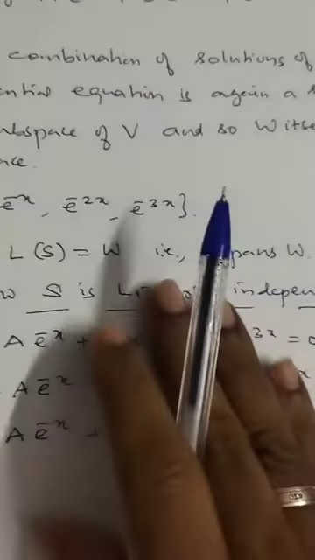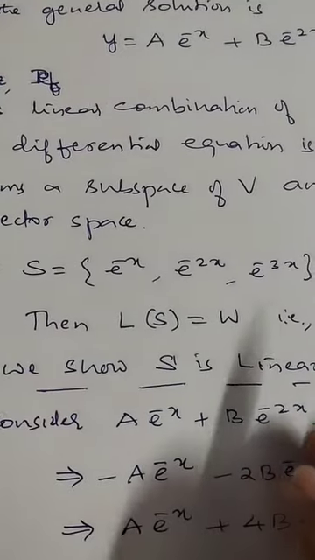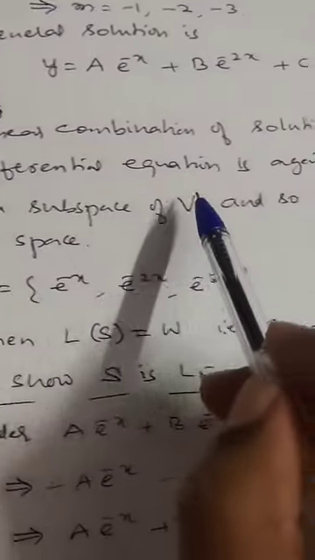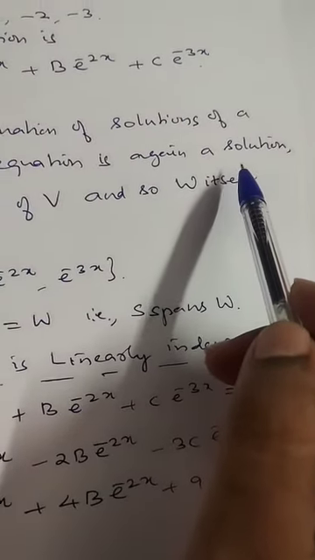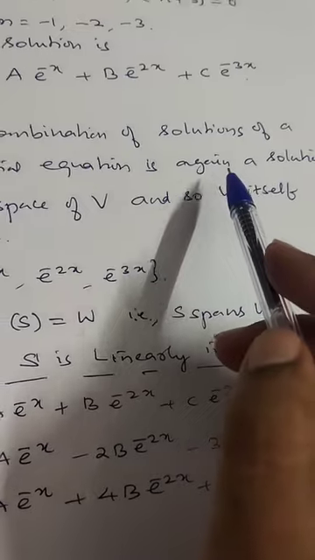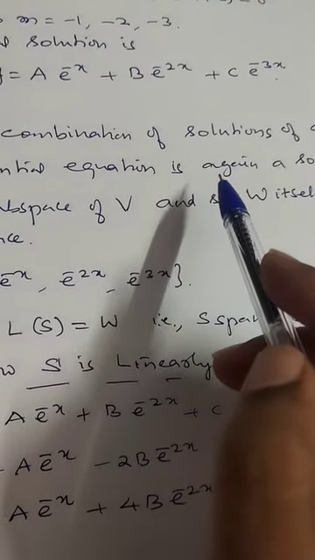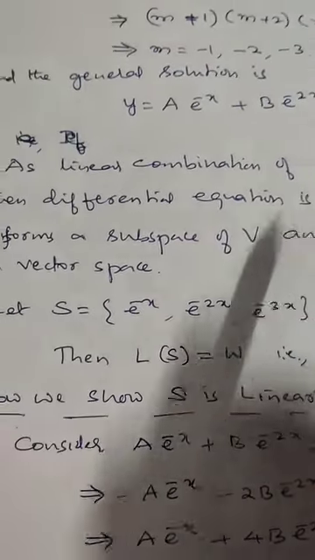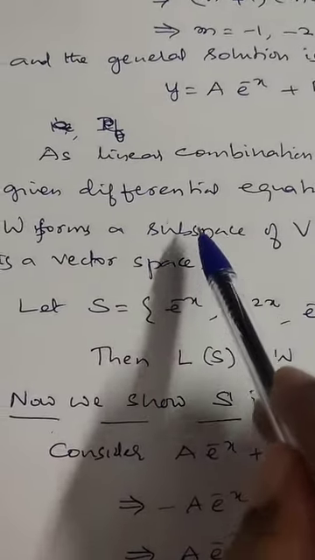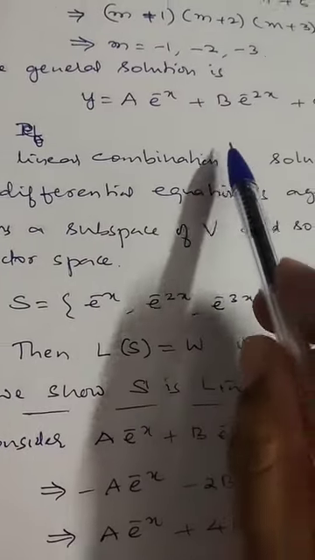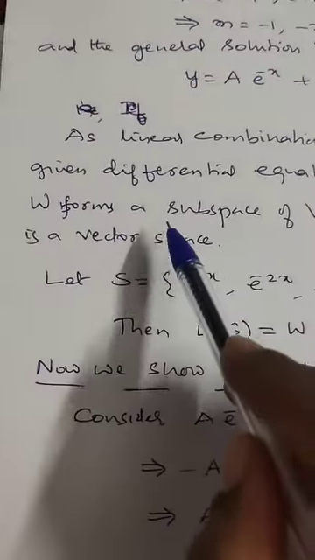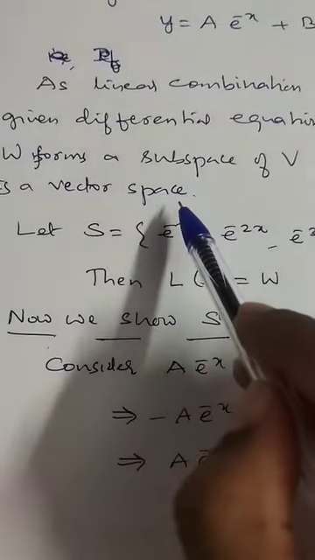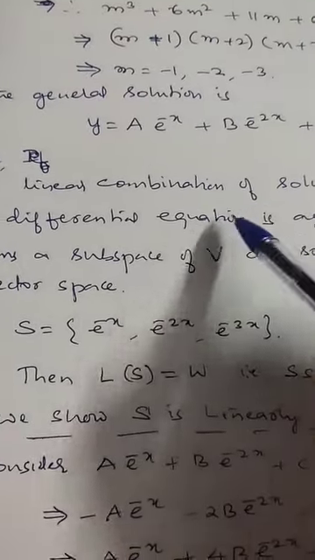And we know that a linear combination of solutions of a given differential equation is again a solution, because if f and g are solutions, then f plus g is also a solution, f minus g is also a solution, alpha into f is also a solution. Therefore W forms a subspace of V, and so W itself is a vector space, because linear combinations of solutions are again solutions.